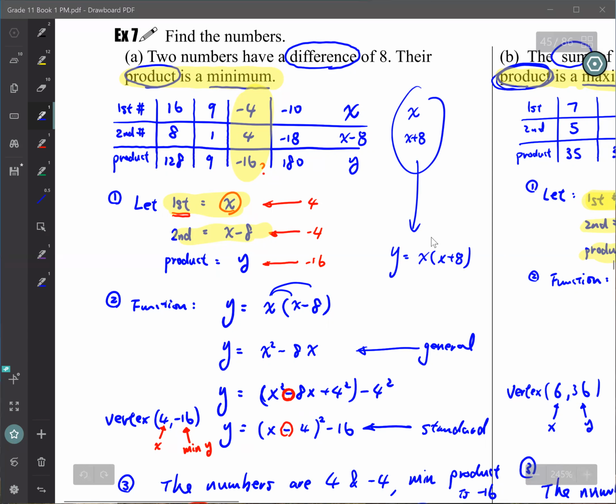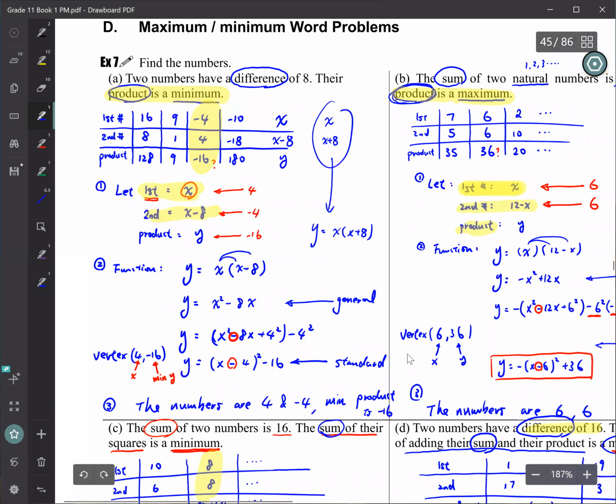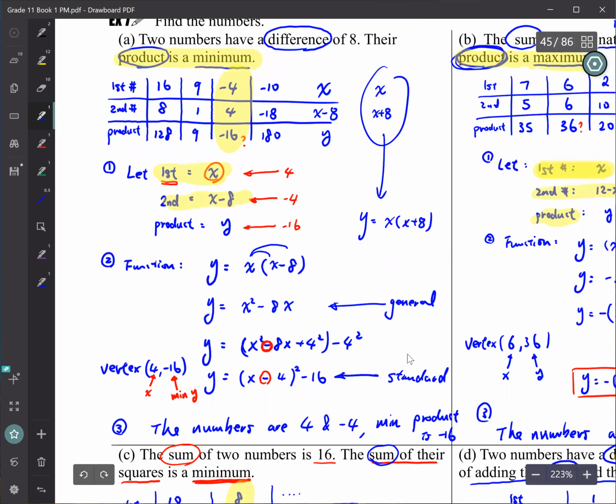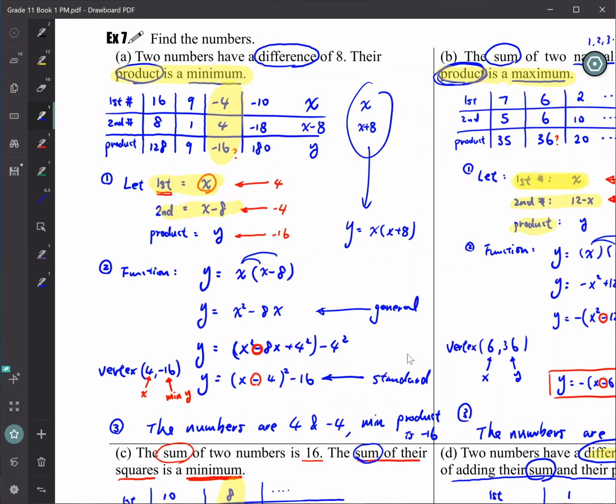Okay. So once you get the function, you know how to get the vertex. And then do you know how to go from the vertex to getting the two numbers? Because the question wants you to find the two numbers, right? Like in the answer here, we said the numbers are 4 and -4.